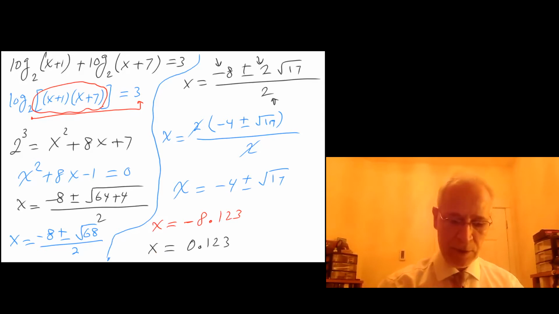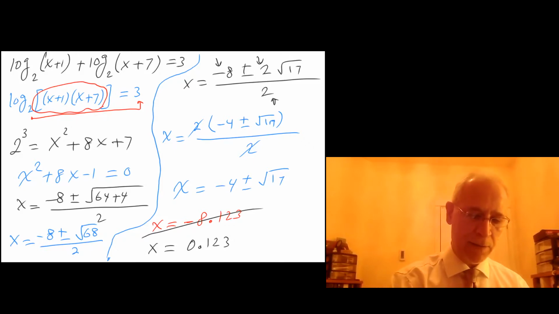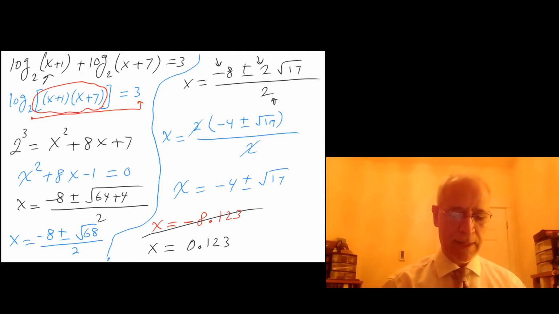I'm going to toss the negative one because I cannot plug it in here. If I plug in negative 8.123, I get a negative log. That's not admissible. And it wouldn't work here either. So my only solution is minus 4 plus root 17, with the approximation that x is almost equal to that much.